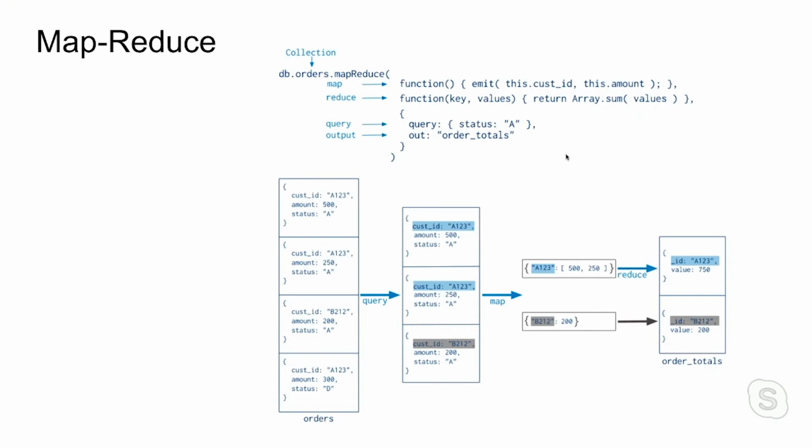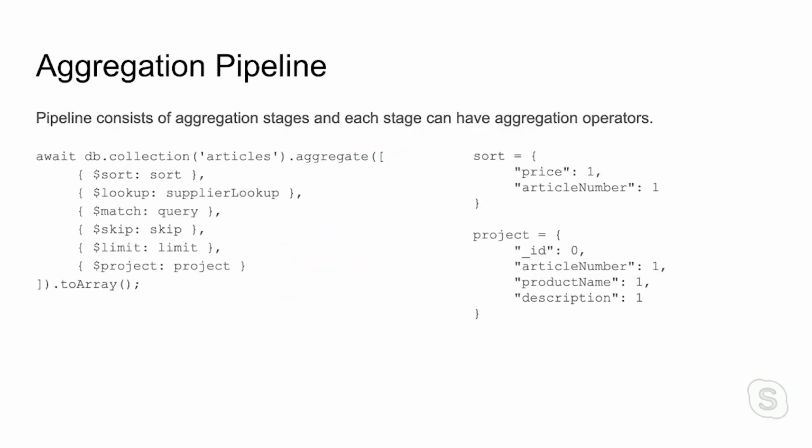The map reduce has the same functionality as the aggregation pipeline, which we see on the next slide, but map reduce has better performance for this use case. So if you want to use exactly this, then map reduce is better than the aggregation pipeline. But the aggregation pipeline has a lot more options for what you can do with it.